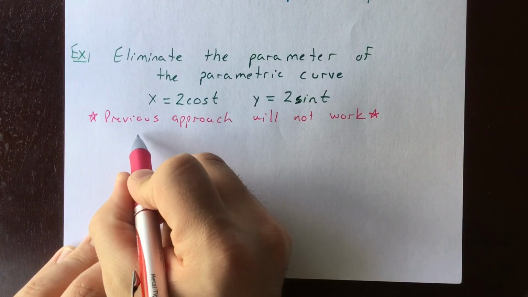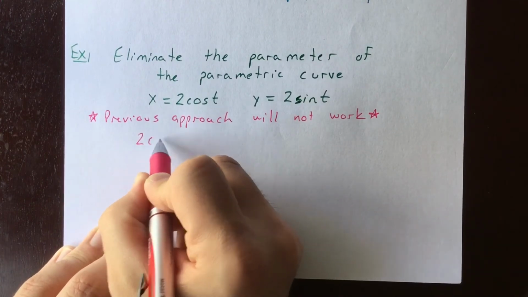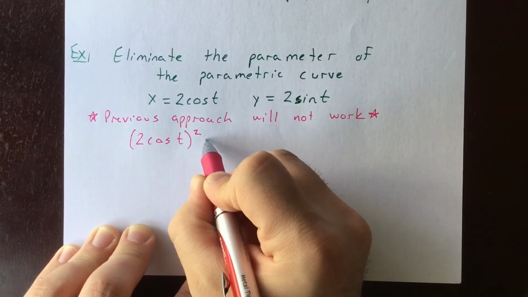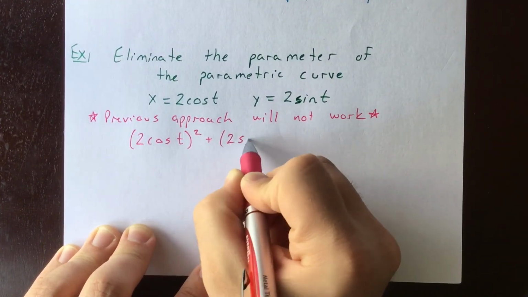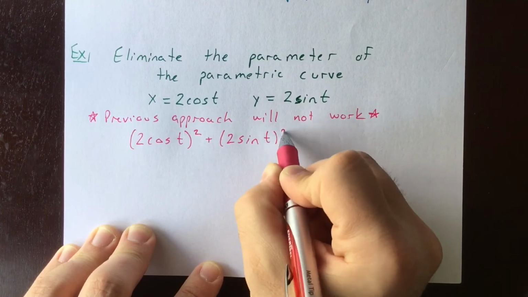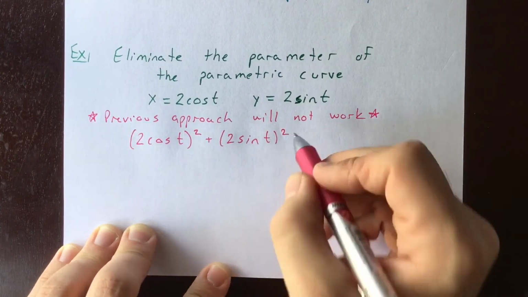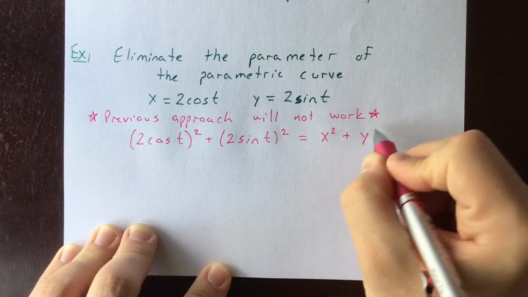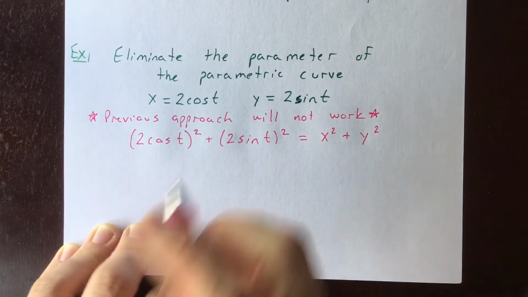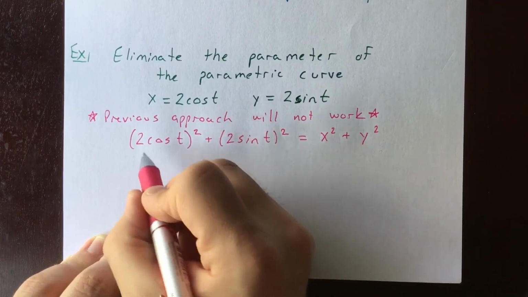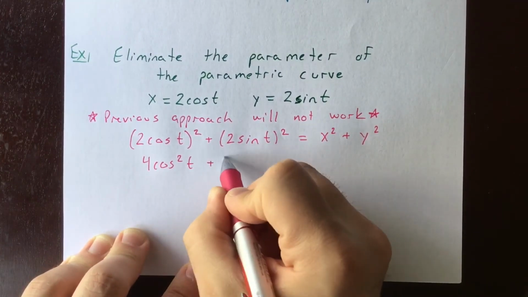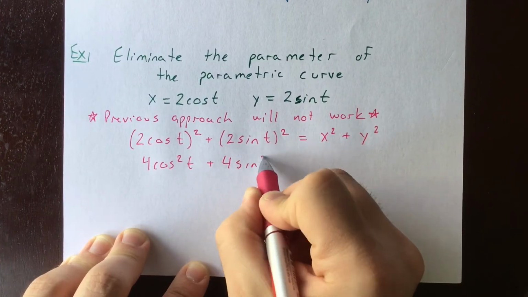For example, let's say I get 2 cosine t squared plus 2 sine t squared. Well, that's the same thing as saying, we took x and squared it, and we took y and squared it. Okay, good. So we squared these, giving us 4 cosine squared t plus 4 sine squared t.